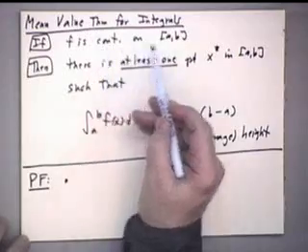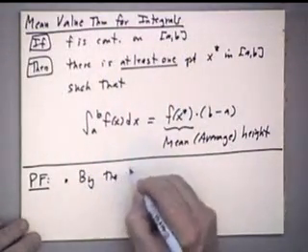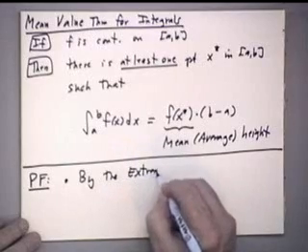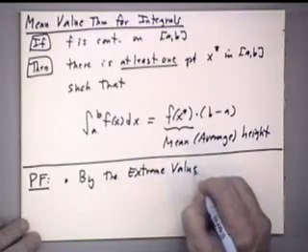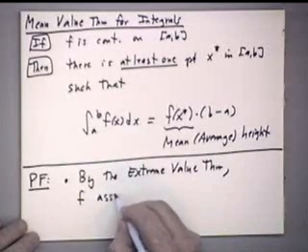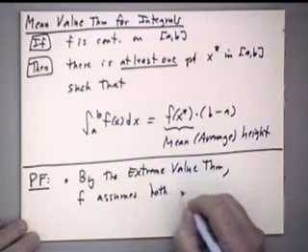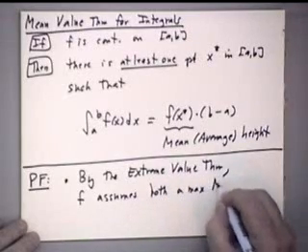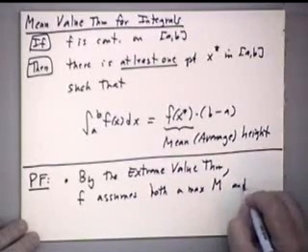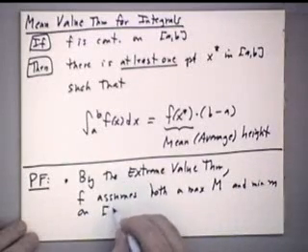Remember, we have a continuous function on a closed interval. So by the extreme value theorem, which I mentioned before, f assumes both a maximum value, which we'll just call big M, and a minimum value, which we'll call little m, on that closed interval AB.